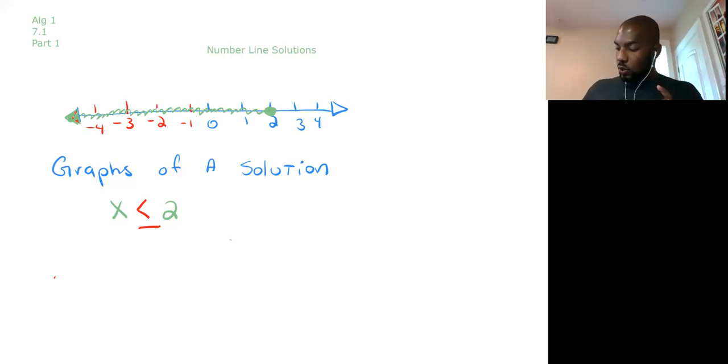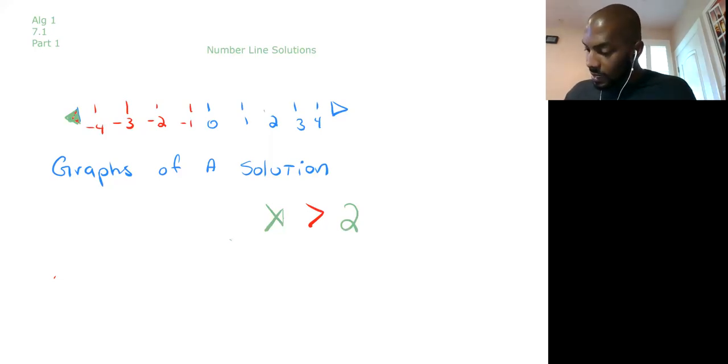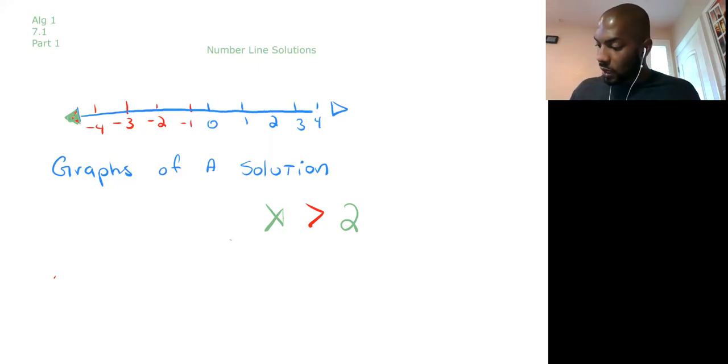If I wanted to do x is greater than 2, well, I just need to think about all the numbers that are in fact larger than 2. All the numbers that are larger than 2 are 3, 4, 5, 6, 7, 8, 9, 10, all the way into infinity.